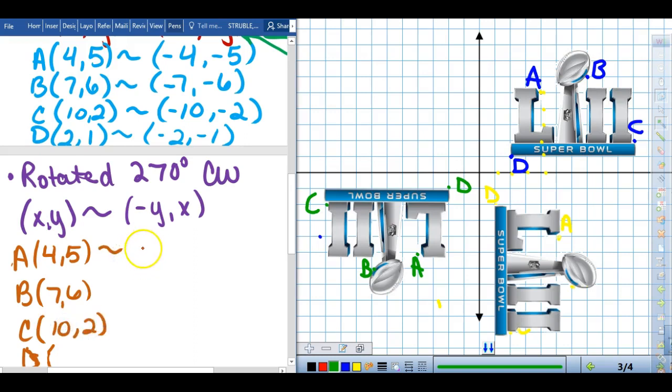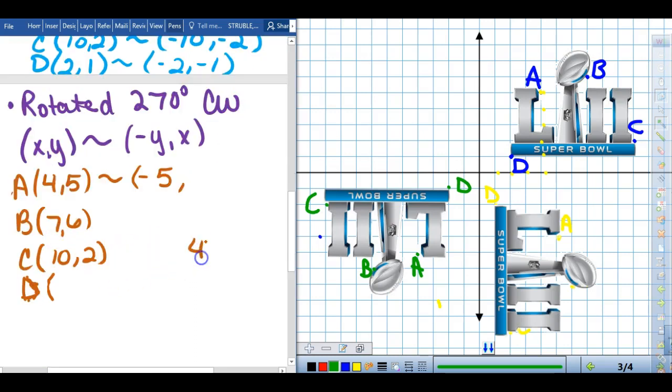Okay, so A is 4, 5. So what happens is we take the y value, take its opposite and put it in the x position. And then we're going to take the x value and put it in the y position. Oops, just like that. What's going on goofy here with my pen? There we go. Hopefully that'll fix it.